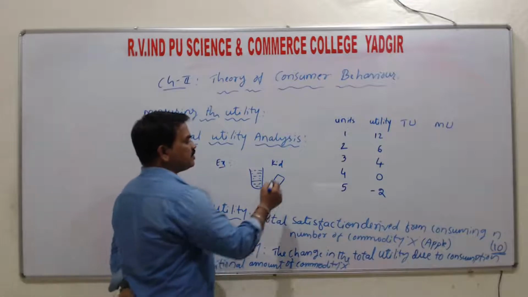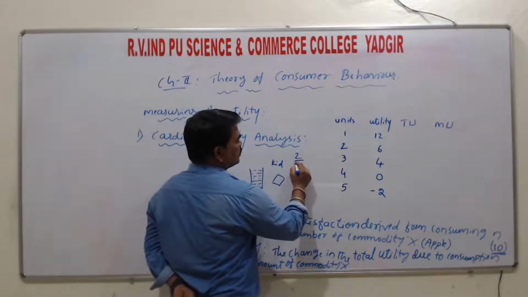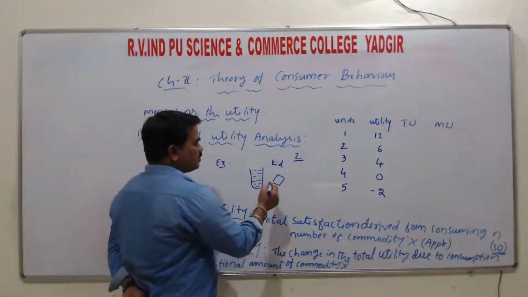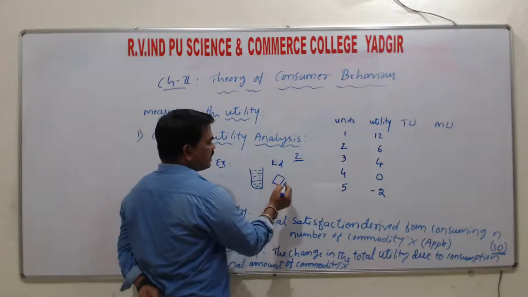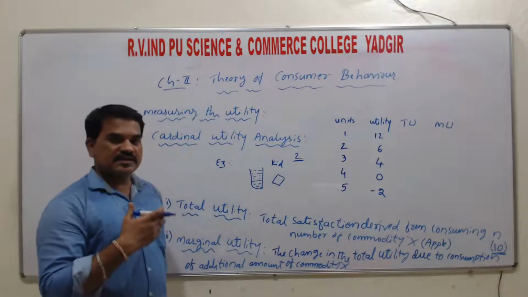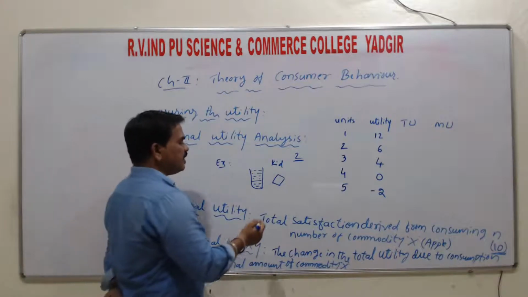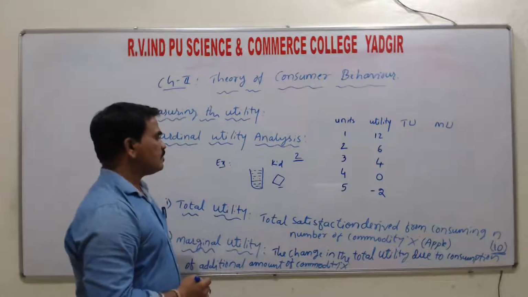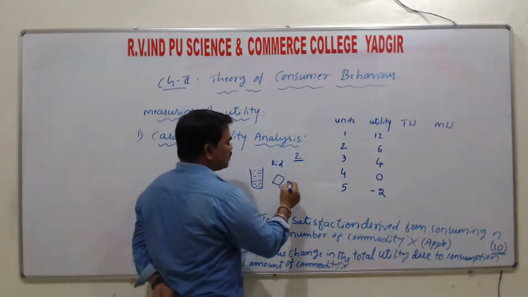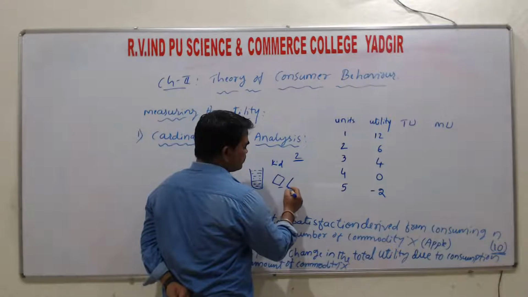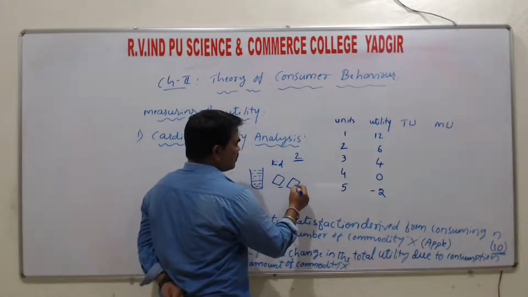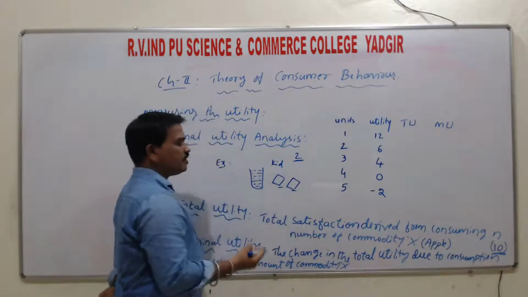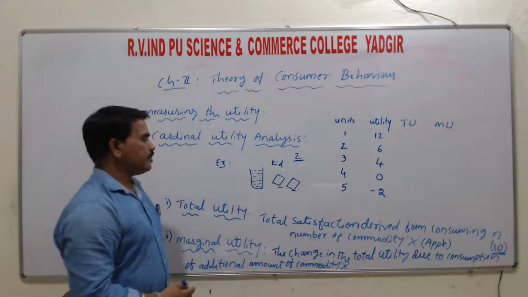So, he can eat maximum 2 bread pieces. When I give the first slice of bread, his satisfaction level is high and he eats this slice. But when I give the second slice, his capacity is 2, he likes this also and he eats that as well.